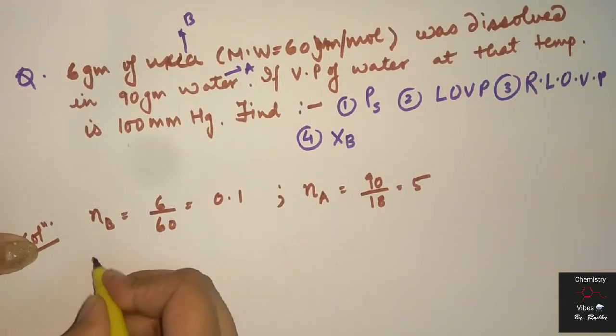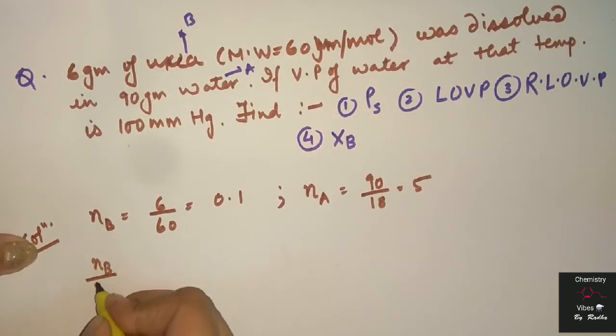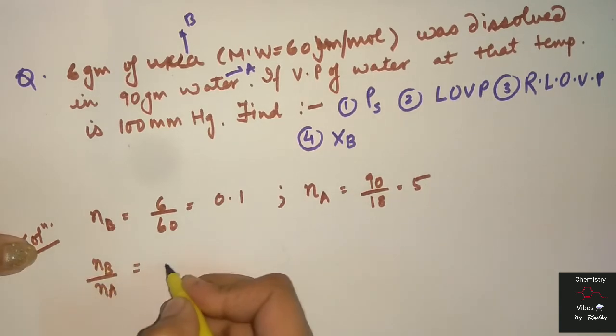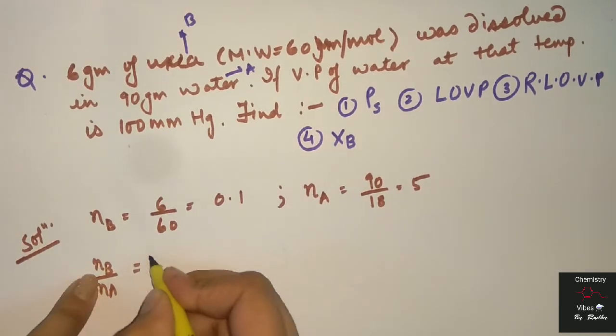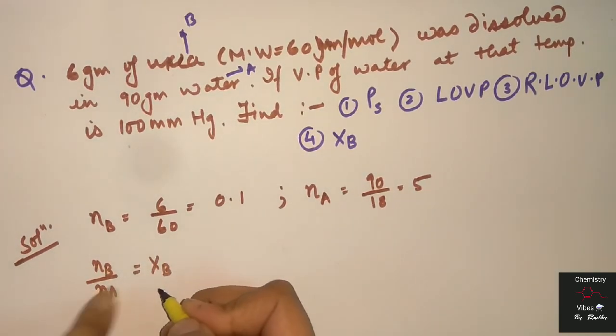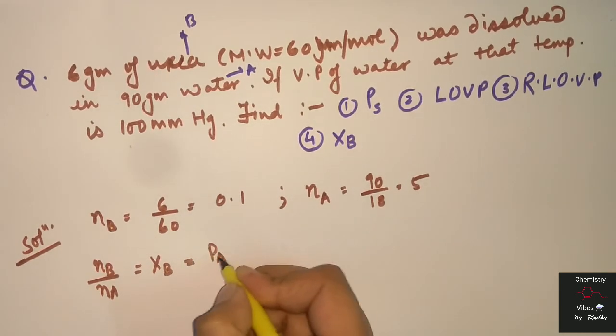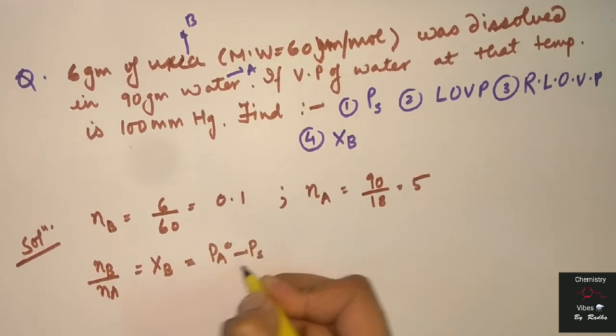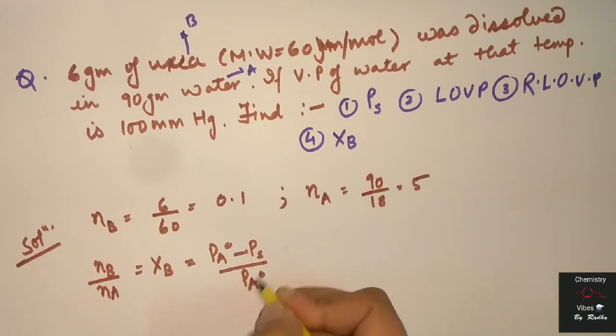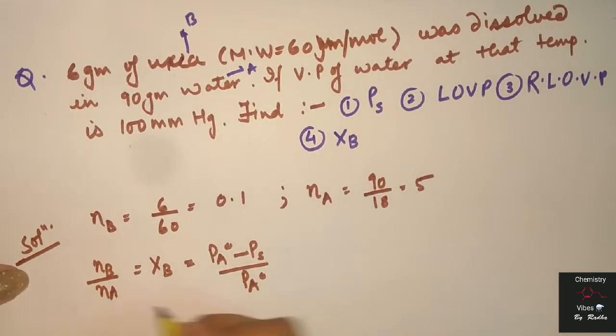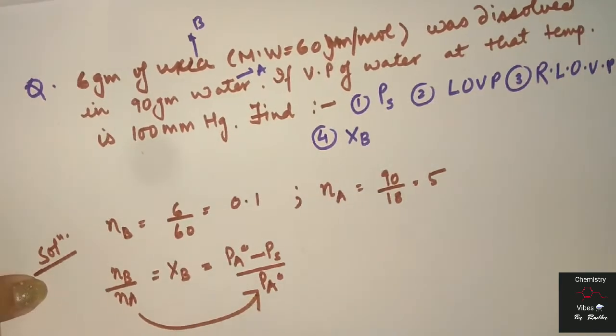So just now we have derived Nb upon Na is equal to what? This is nothing but Xb. Just now we have calculated, Xb is equal to Pa naught minus Ps upon Pa naught. Yes or no? So we'll just use this relationship.